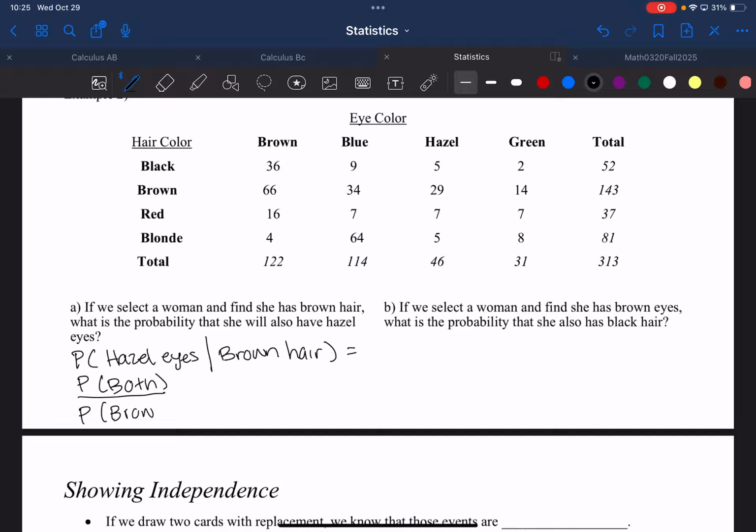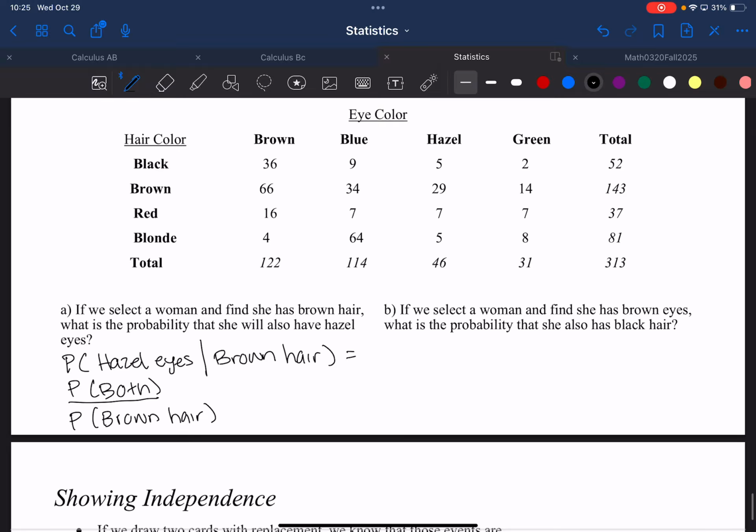It's always going to be that last part over the given. Okay? And when we set it up like in words like this, it makes it a lot easier to find that data on the table. So what's the probability of both? Brown hair and hazel eyes. So brown hair and hazel eyes, that's 29 out of how many?